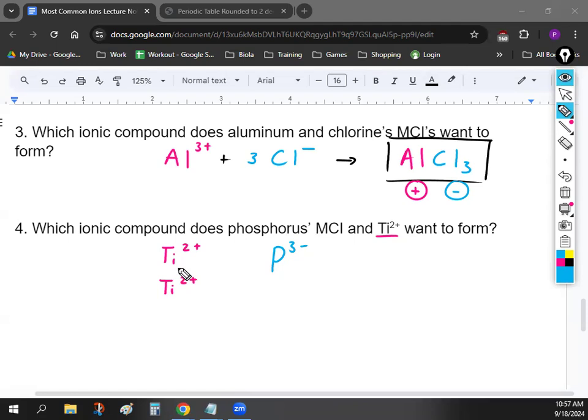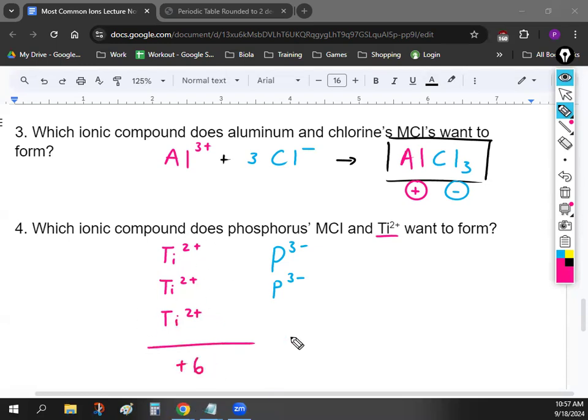Ti doesn't have a single predictable charge, so I'm not going to ask for Ti's. Yeah, good question. So Ti is positive 4 now, so we have to balance it out with some more negative charge. So we add another P3 minus. But if you notice, now we have more negative charge. So last step, we add another Ti 2 plus, and that's going to give you a balanced charge.